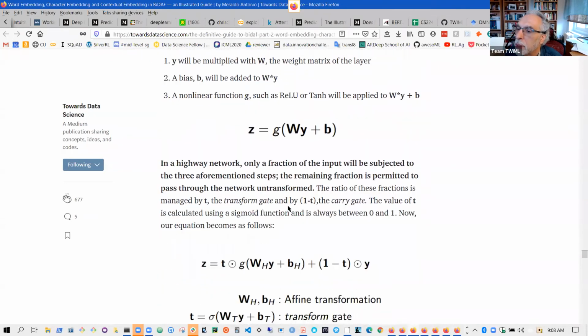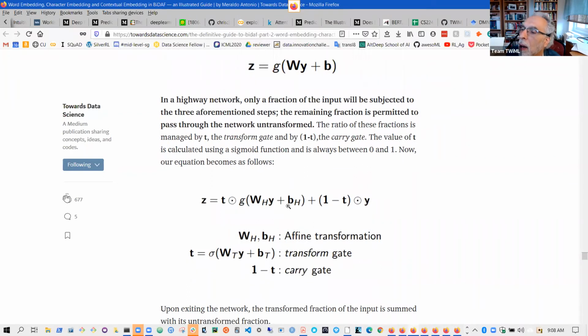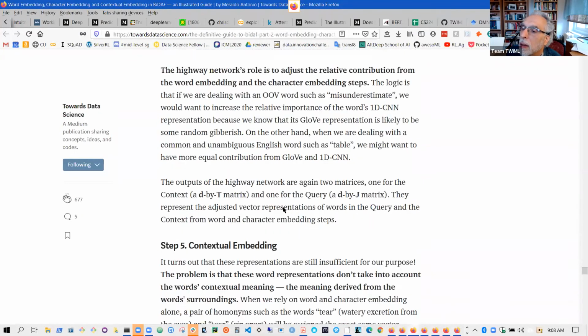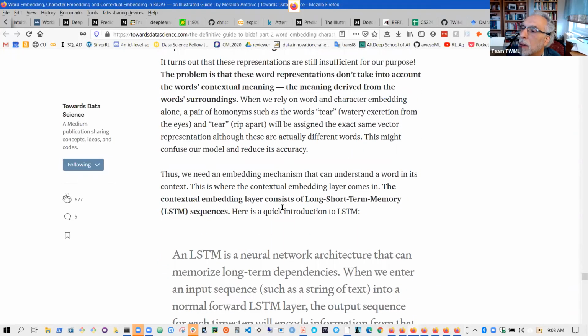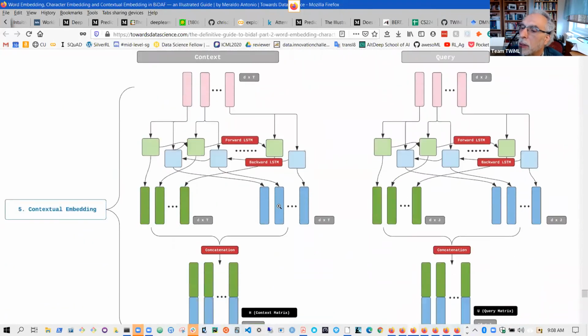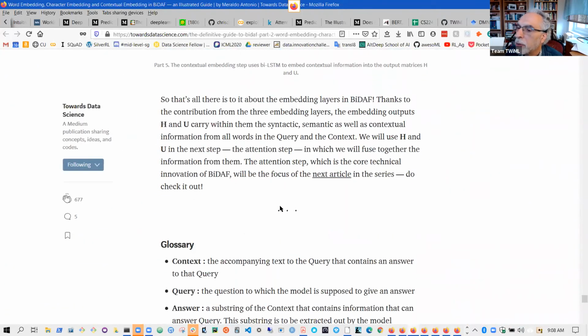But I guess he explains it a bit here. Well, this will be good to go over. We don't have time to go over it here, but this is a really great reference.